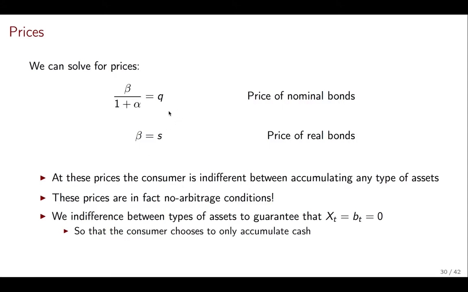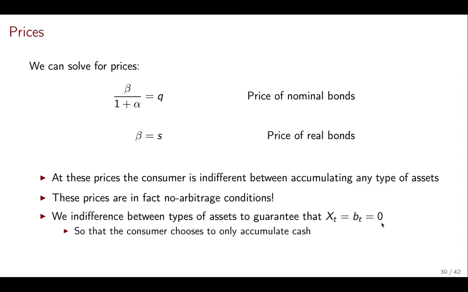Now, at these prices, and this is important, consumers are indifferent between accumulating or not any type of assets. These conditions are actually non-arbitrage conditions. You can verify that. That means that they don't care if they are saving in nominal bonds or in real bonds. And so because of this indifference, you can actually make it so that savings are zero.